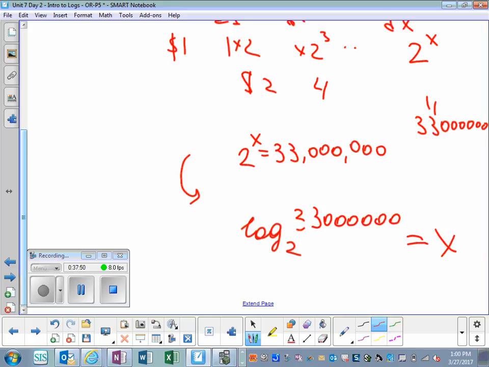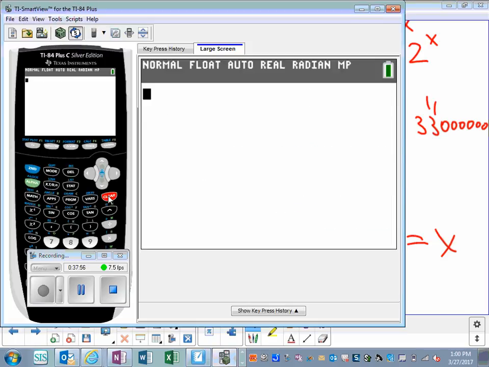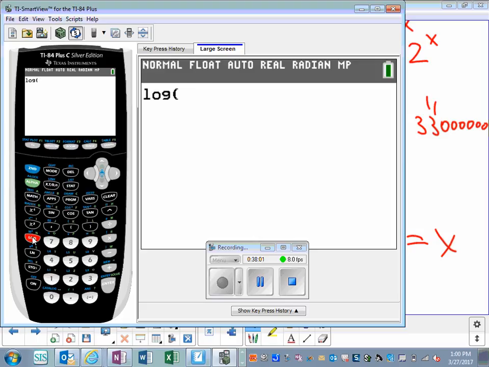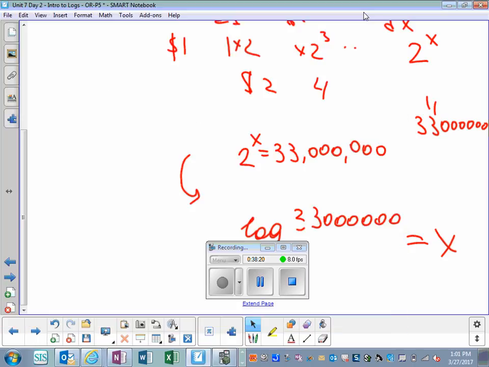So what is the log with the base of 2 of 33 million? What do I need to use? Change of base formula, yes? So log of 33 million divided by log of 2. 24.99. About 25 days. Starting with $1, if it doubles every day, only 25 days will give me $33 million.